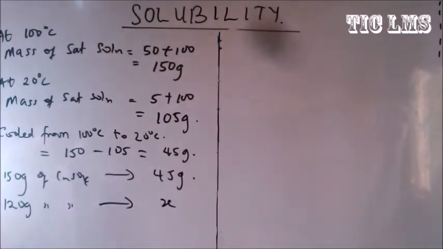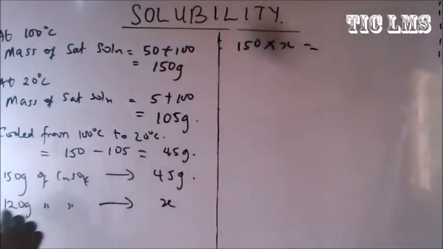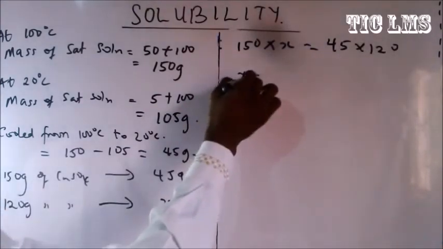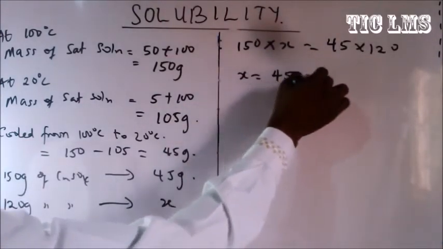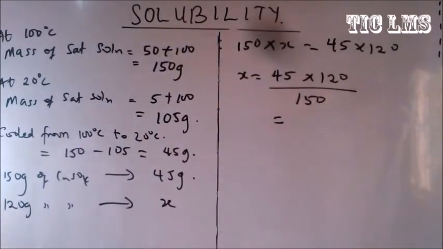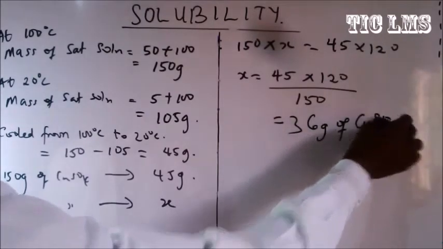So we have it as x. And so what we have is that x multiplies 150, and then 45 multiplies 120. So x equals 45 multiplied by 120 divided by 150, and that will give 36 gram of CuSO4. That's the answer.